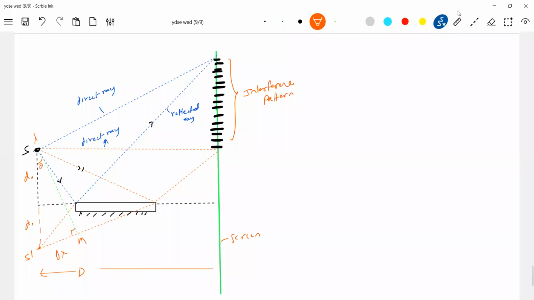SM. So we'll give the names. Same symbols I'm using that we earlier did, so it'll be easy for you to recollect. What distance will the rays cover? It will cover the distance SM1, M1P.